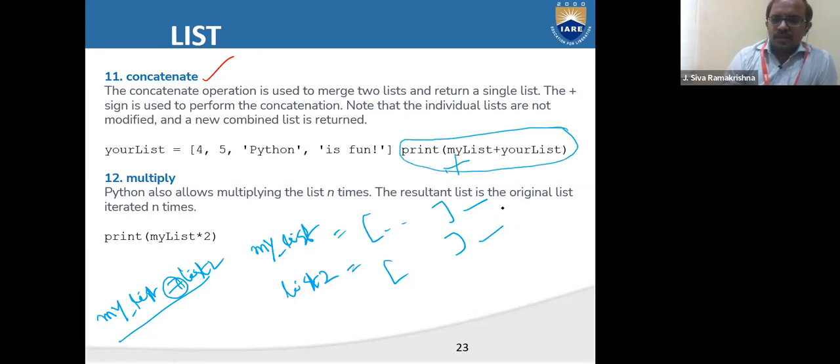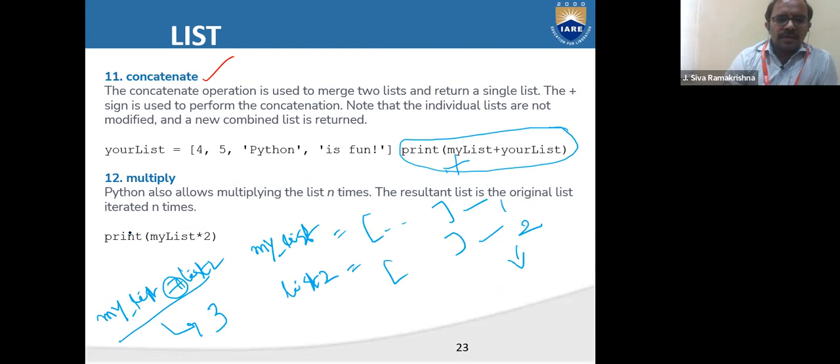This is list 1, this is list 2. Because of this concatenation, we are going to get the third list. However, both these two lists do not change. The status of these two lists remains the same. So that is what concatenate is.